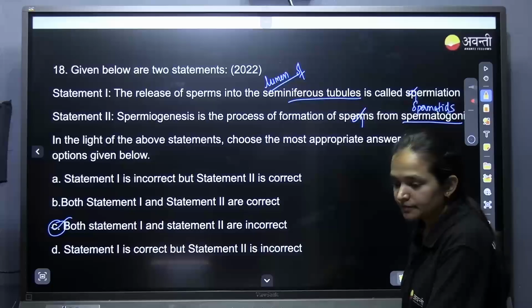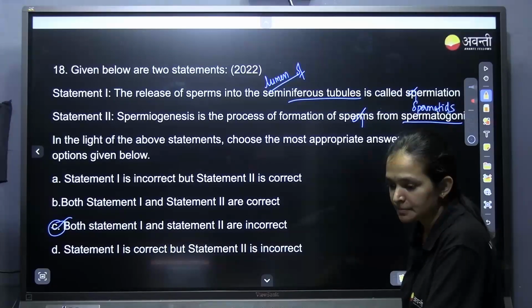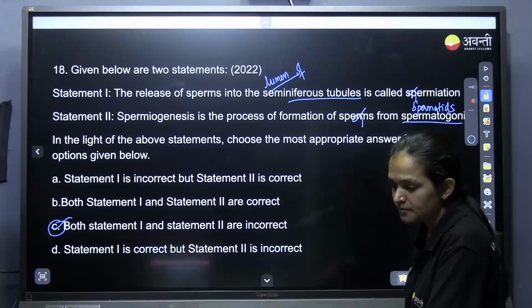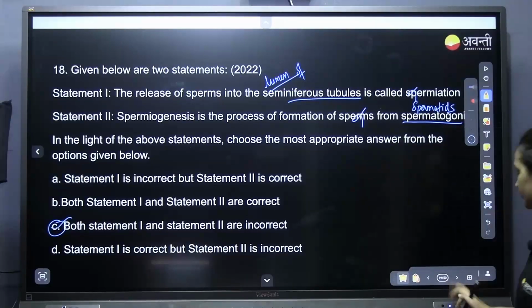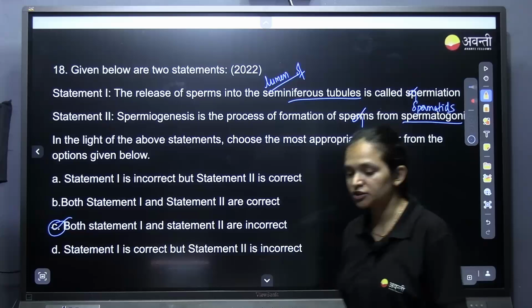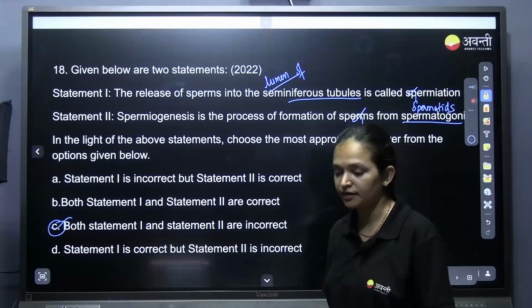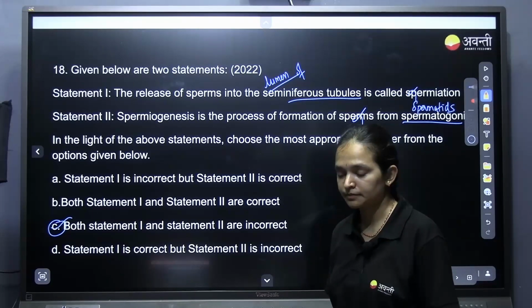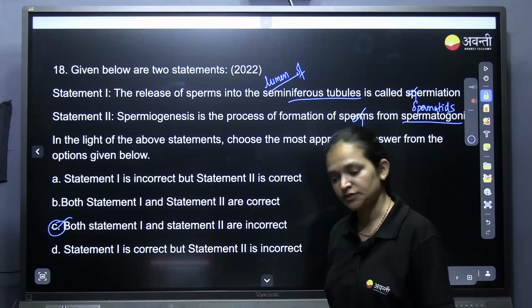Note option B. Got it? You know the difference between spermatogenesis, spermiogenesis and spermiation, right? Yes.